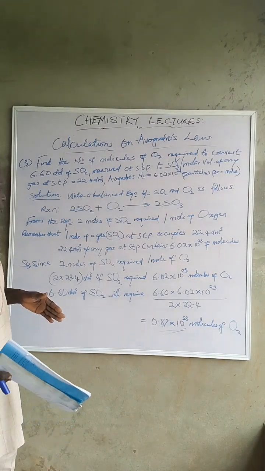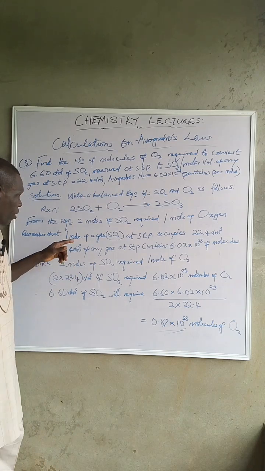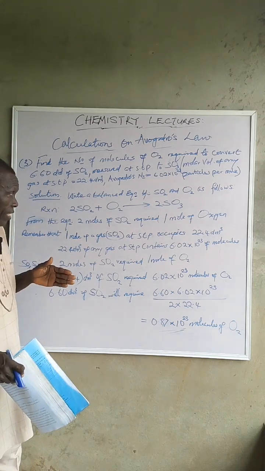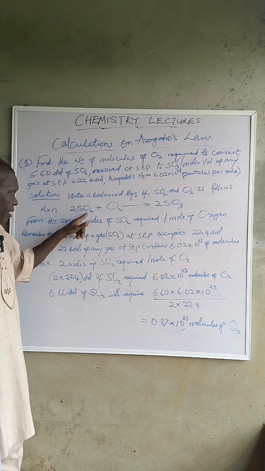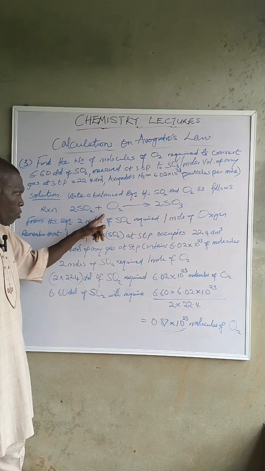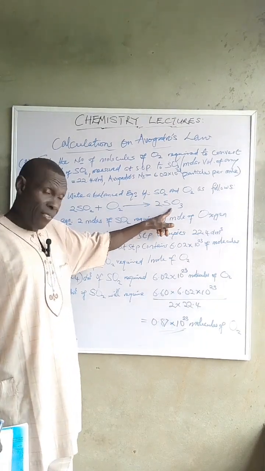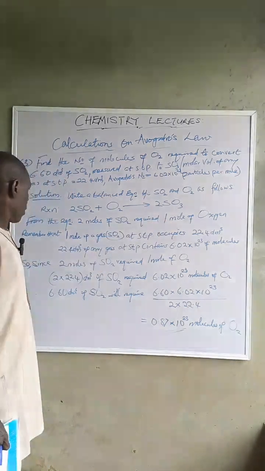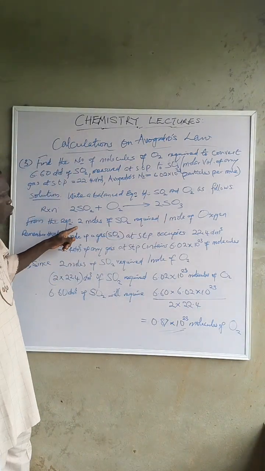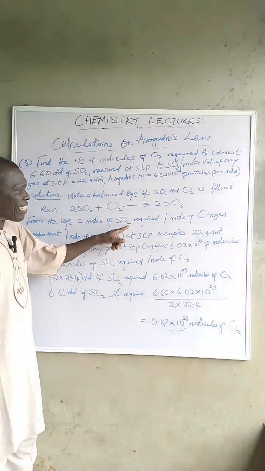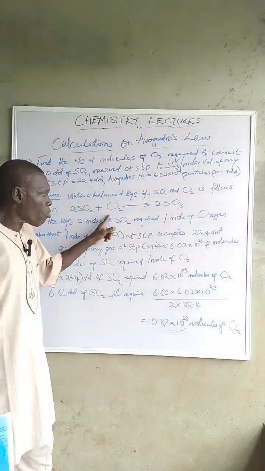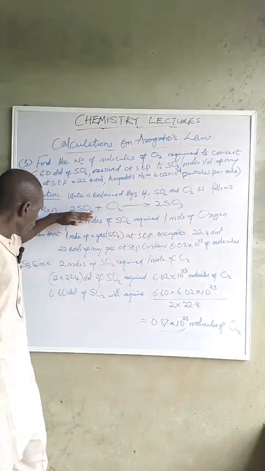So if you are following this, Avogadro's law is saying that 2 moles of this gas reacted with 1 mole of oxygen to produce 2 moles of the product, sulfur 6 oxide. So it means that 2 moles of sulfur 4 oxide require just 1 mole of oxygen from this equation.